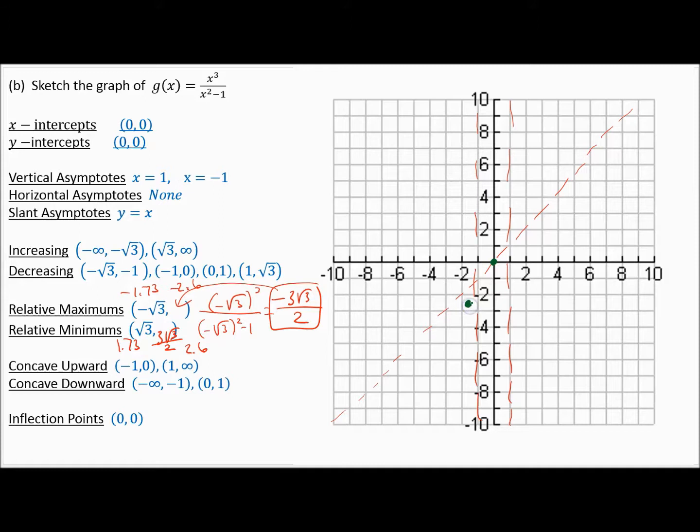Try to make it bigger. And then +1.73, +2.6. There. Okay. It keeps disappearing. To make it really big, and maybe it won't disappear.